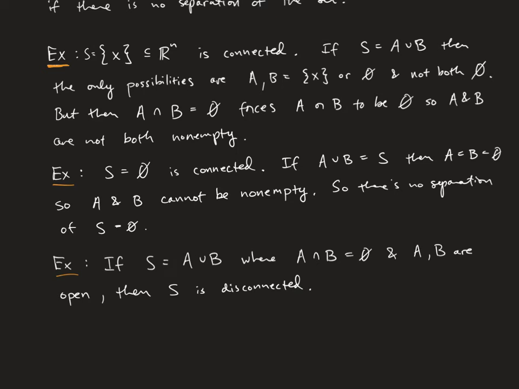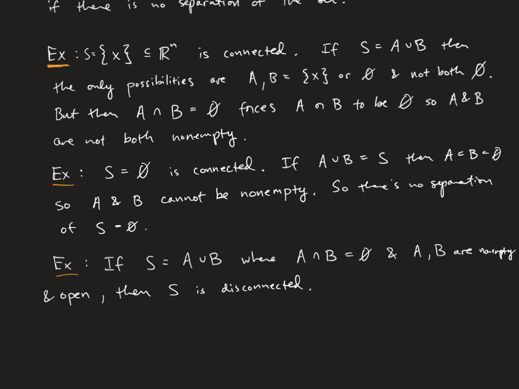Okay, so any union of disjoint open sets is a disconnected set. I suppose, sorry, I have to be very pedantic about this: A and B are non-empty open sets. So I'm going to say non-empty and open, then S is disconnected.